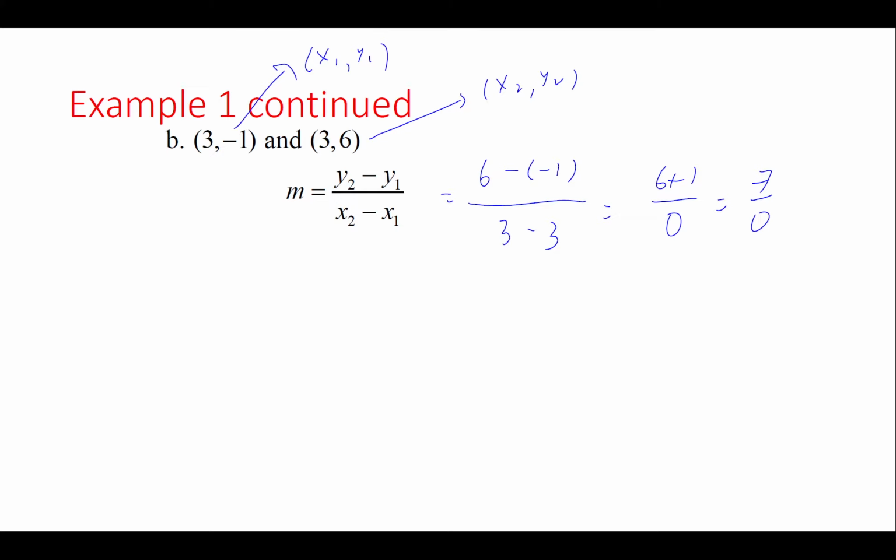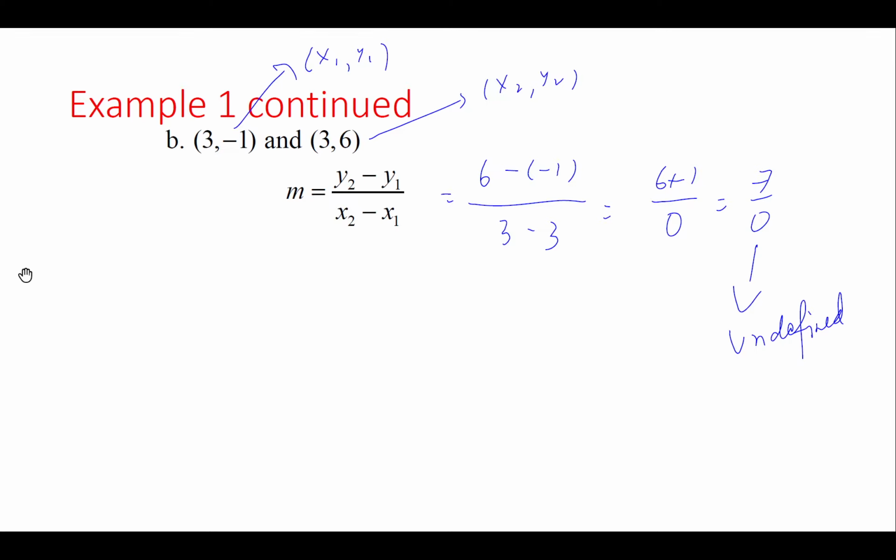Whenever you see this kind of situation where you have 0 in the denominator, that means this slope is called undefined, because 0 in the denominator is not possible. You get this kind of slope for a special line that's called a vertical line.